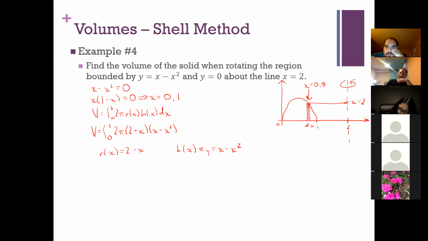Any questions on the setup or where we are so far? All right, then it's just a matter of computing the integral.